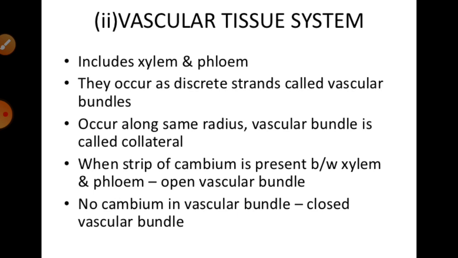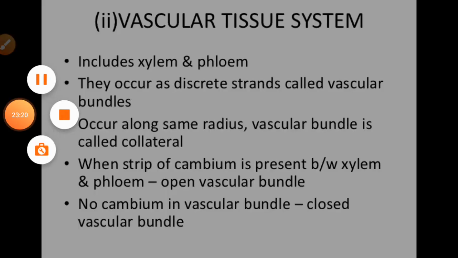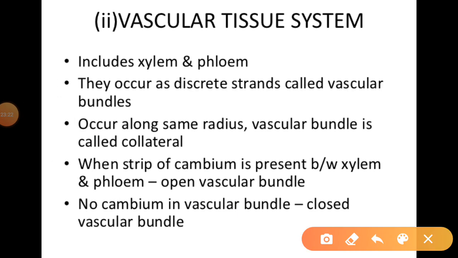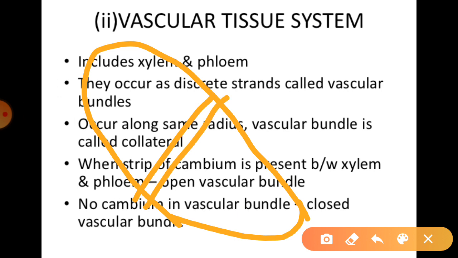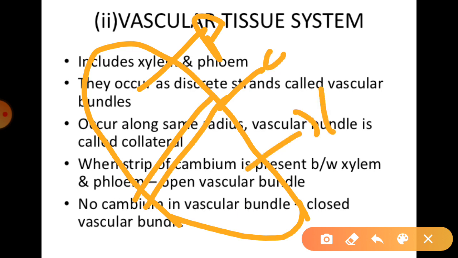Means simply in bicollateral, in that particular condition, if we draw its diagram like this, right, suppose this is the cambium ring, so in that particular condition we can say this is the phloem, this is the cambium and this is the xylem. Clear?